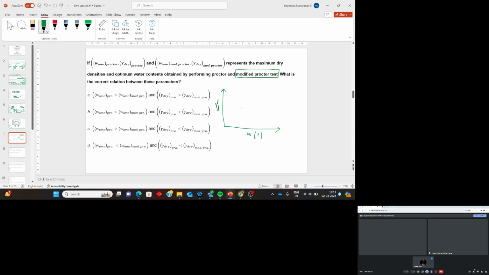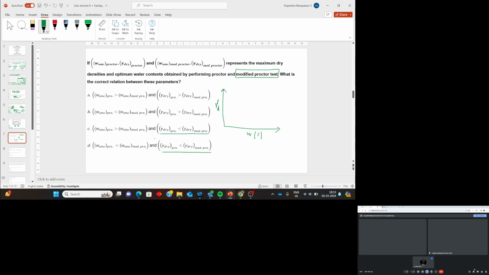It will increase. So gamma dry of modified Proctor will be more. So these two options coincide.